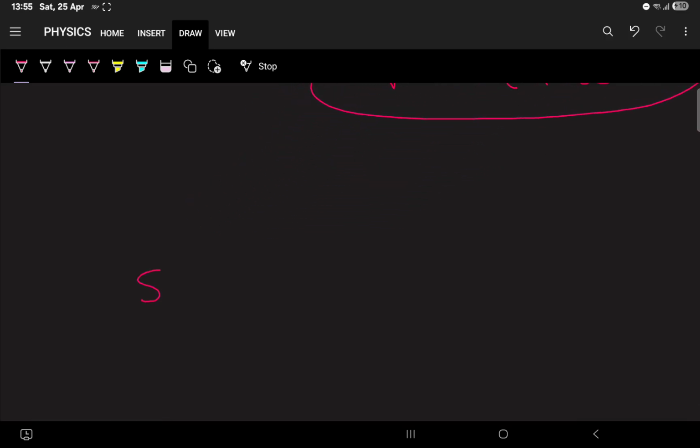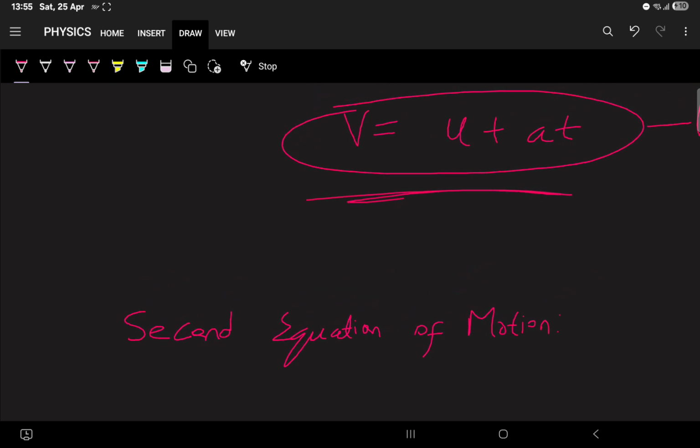This is how we derive the first equation.